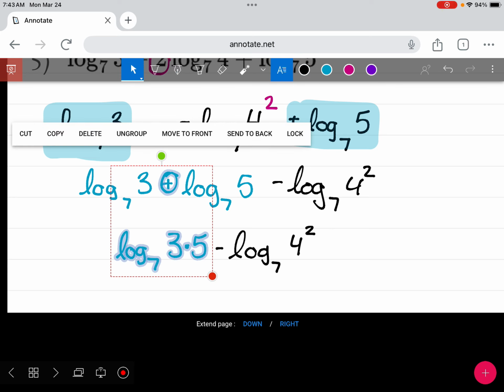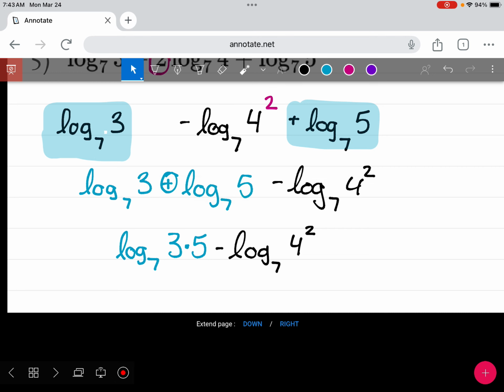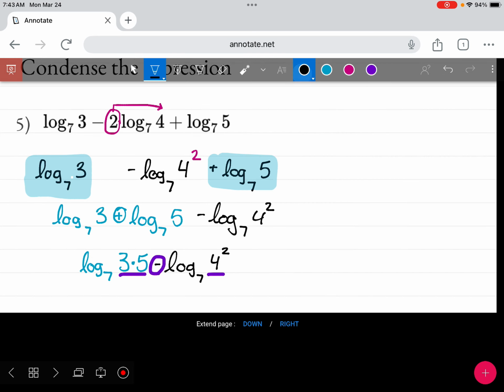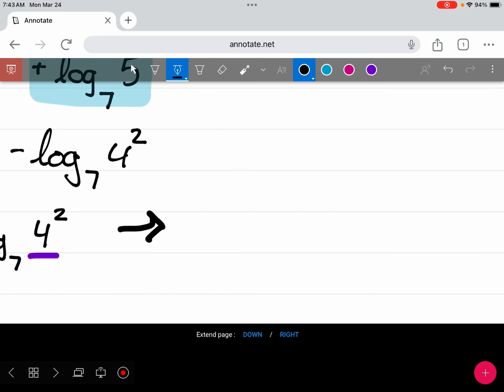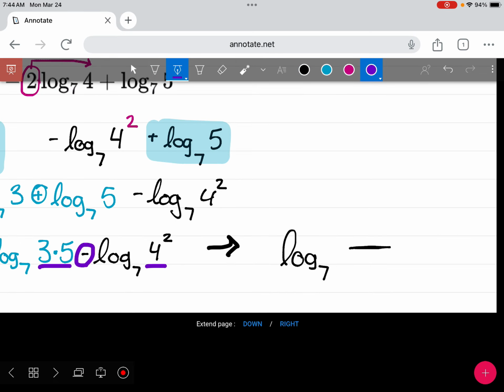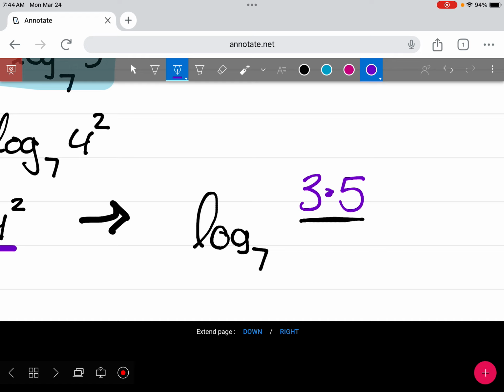Because our next step on this is to take our subtraction and make it become division. This is my numerator, this is my denominator. I'm going to go this way just because I'm running out of space. So this is going to give us a log base 7 of a fraction that has 3 times 5 in the numerator and 4 squared in the denominator.